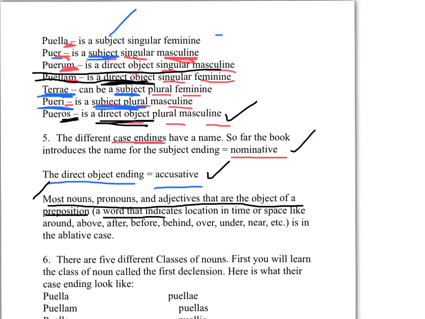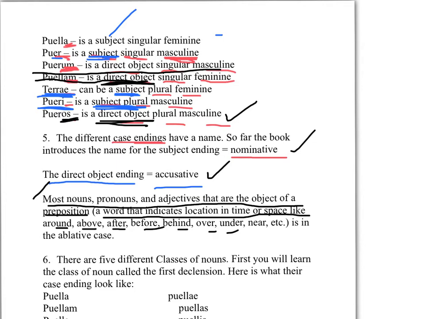A preposition is a word that indicates location in space or time, like around, above, after, before, behind, over, under. For example, the paper was under the desk. Or, for example, I arrived after him. Or the event was before the evening. Or I was behind the house.